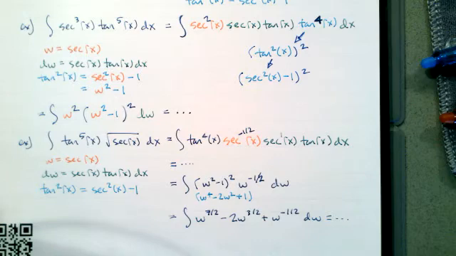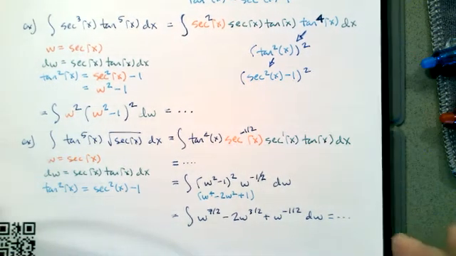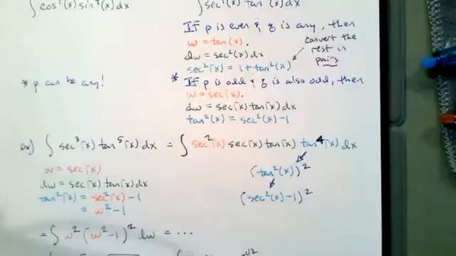So what we're trying to avoid is square roots of more than one term. That's what we want to try to avoid. That's the big avoidance that's going on here.